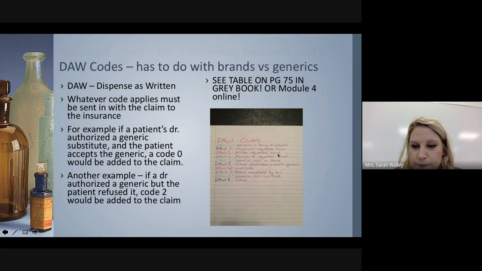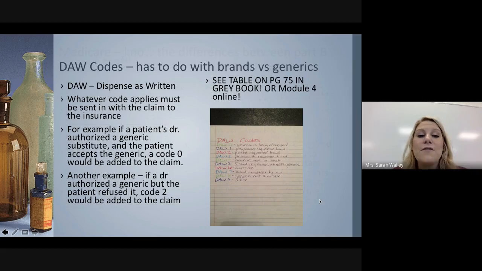Patient requested brand. Now, here's why this is important. Insurance sometimes will only pay if the physician requested the brand. But if the patient requested the brand name, they may not pay. So they want to know exactly why the patient's getting what they're getting. If the generic is being dispensed, that means the patient accepted it, the prescriber said yes to it, and most likely that is going to get paid for by the insurance.